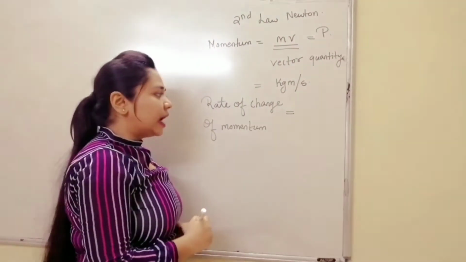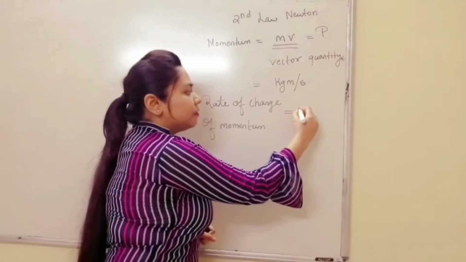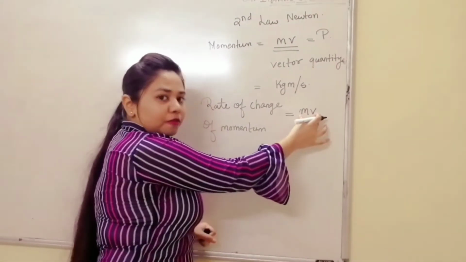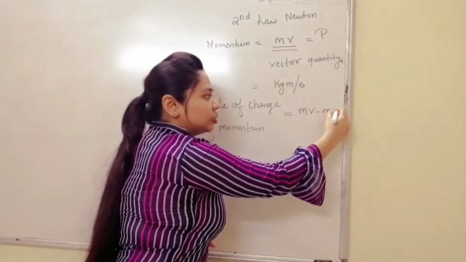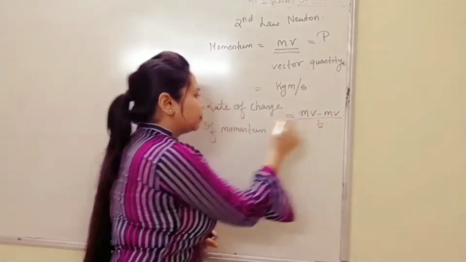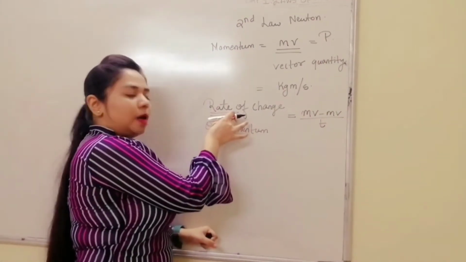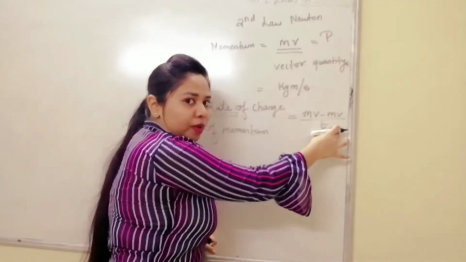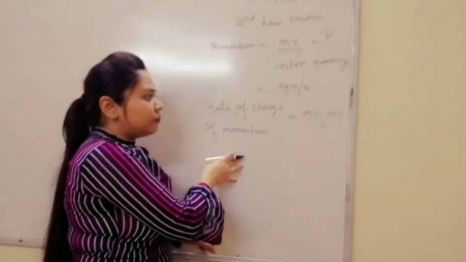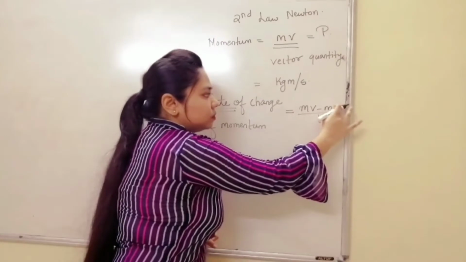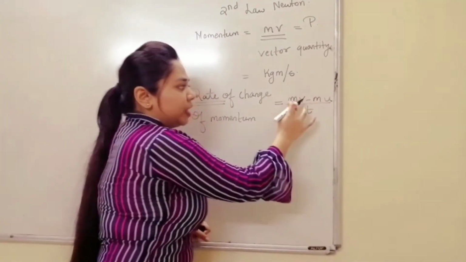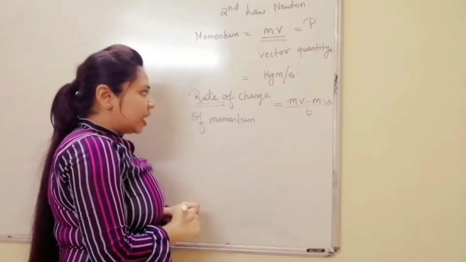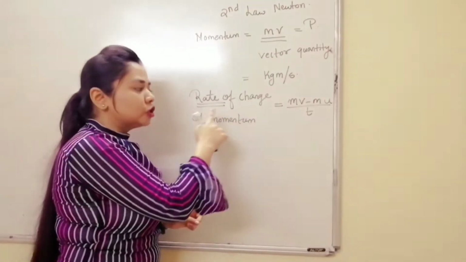We have learned that. So, the change in momentum will be final momentum minus initial momentum, upon time t. I told you, whenever the word rate comes, you have to take t in the denominator, that is time. So what is the formula now? mv minus mu upon t represents the rate of change of momentum.